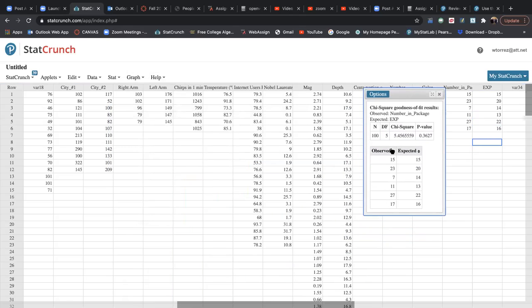And here we see a chi-square of about 5.45, the p-value of 0.3627. Okay. 15, 20, 14, 13, 22, and 16.